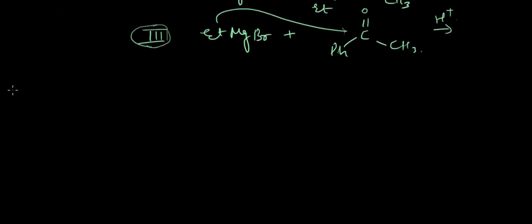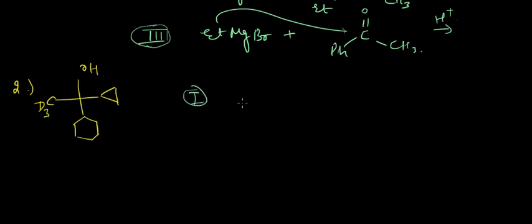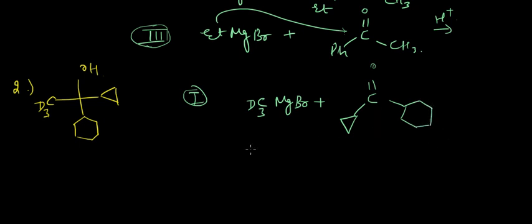Let's look at the second example. You have to prepare this from Grignard reagent. So how many possible ways are there? First way is obviously we can use CD3MgBr and we can use this as the substrate.